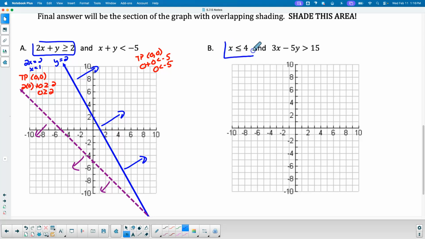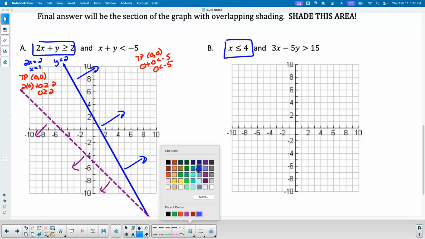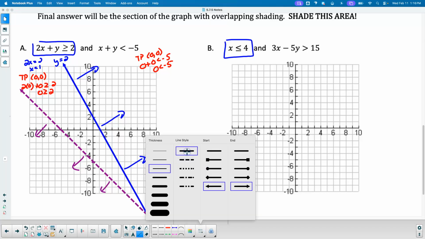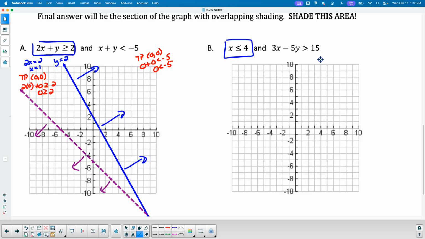Kind of a line is x equals 4. All lines are straight. Remember what it's called? It's a V word. Vertical line. Yep, it's a vertical line. Okay. Solid line, right? Okay.